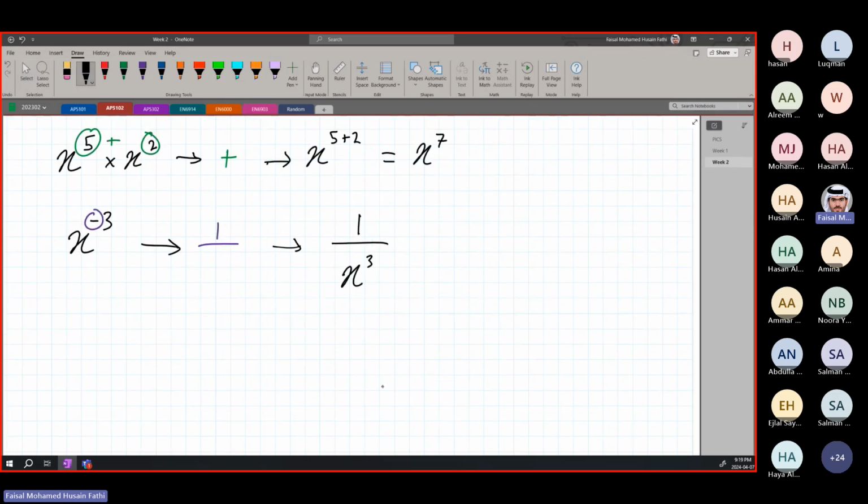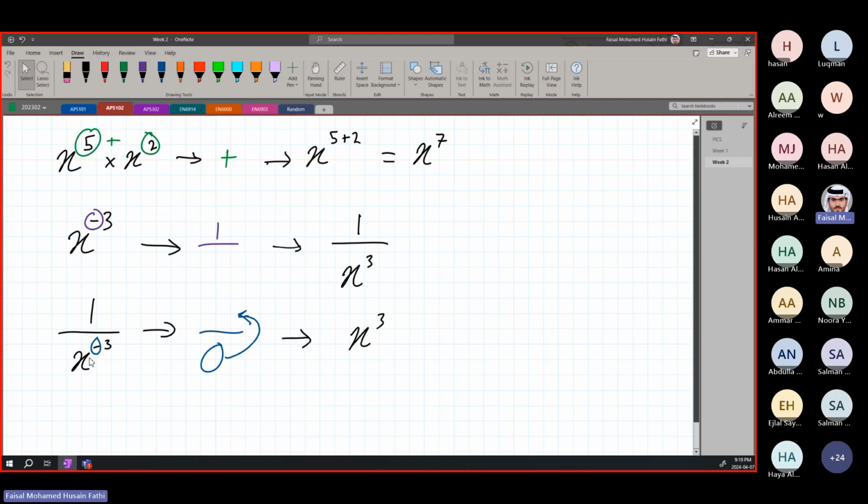Same thing if we have 1 over x to the power of minus 3, for example. This minus simply means that we are going to take this part and move it up here. So simply this will be x to the power of 3. If you have a minus, you're just going to take it to the numerator or denominator, depending on the position.